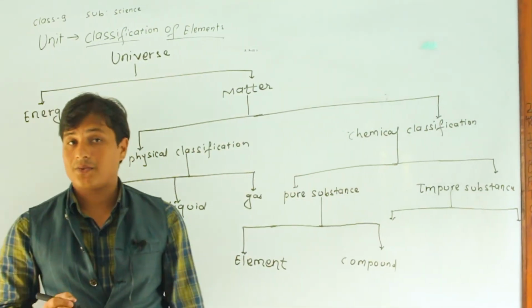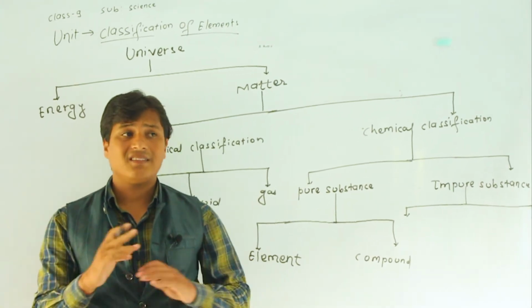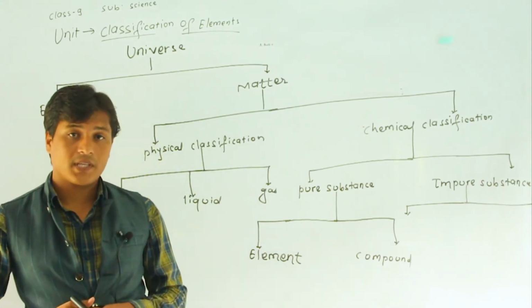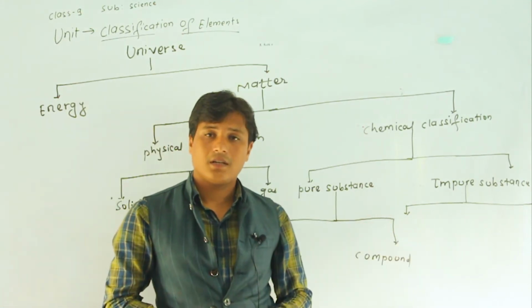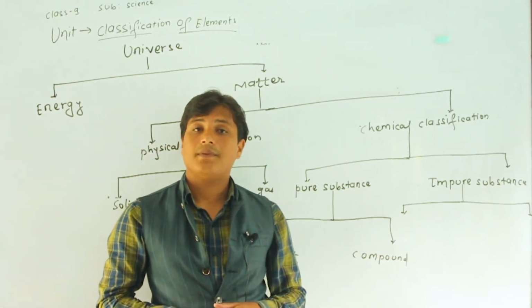Impure substance is a mixture, that is, mixing of two substances together, which becomes impure.